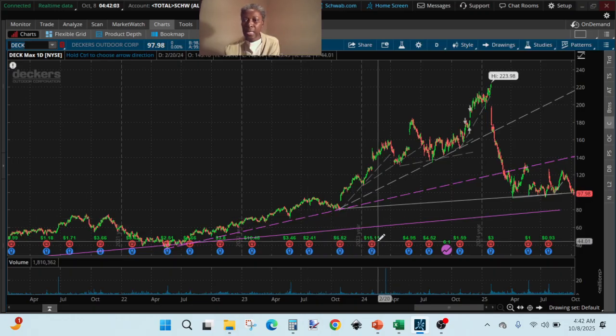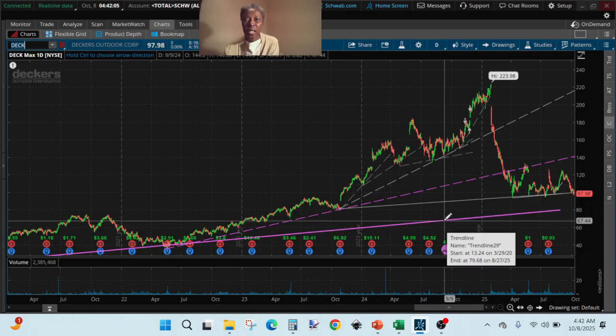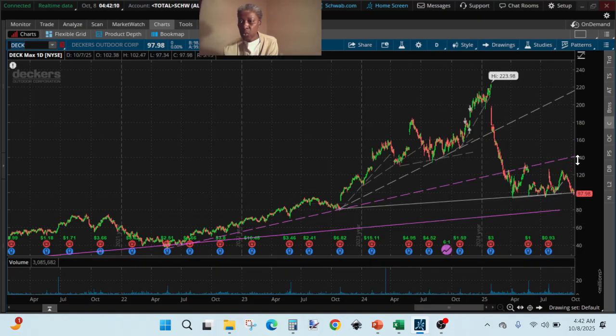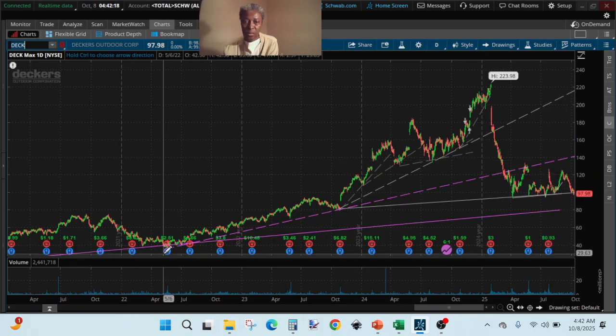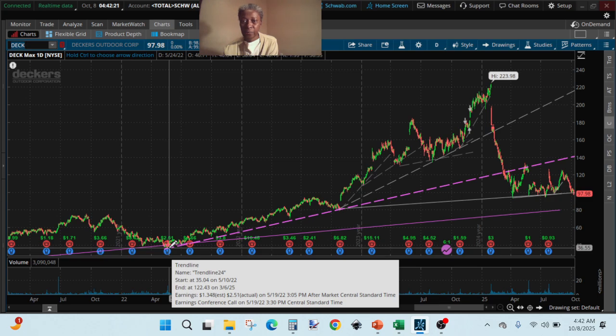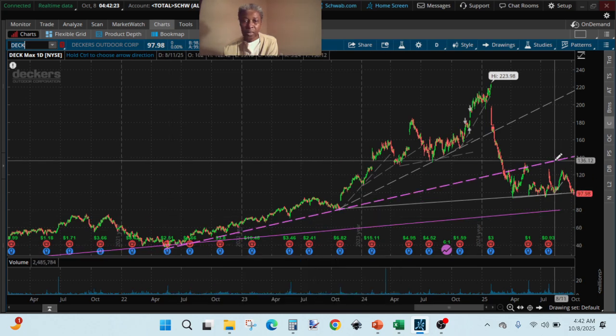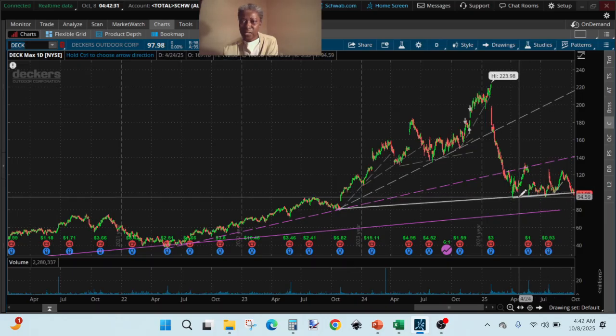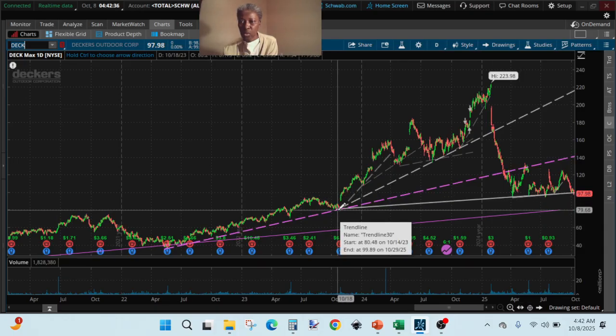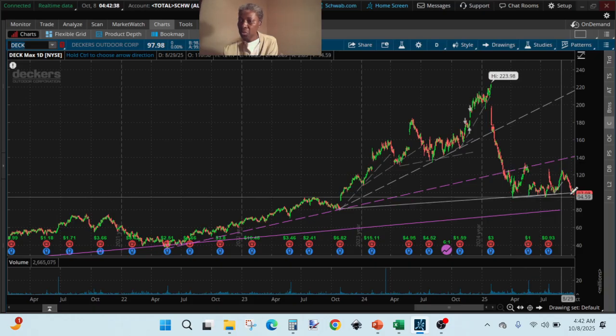So DECK, we have two support lines that we trace and color code, and we are observing them. Yesterday the price went down. It breached this support line, which is a multiple-year support line, and it rose on this other support line that I don't really find to be a stable one, because you only have one touch point here, but it is pretty much resting there.